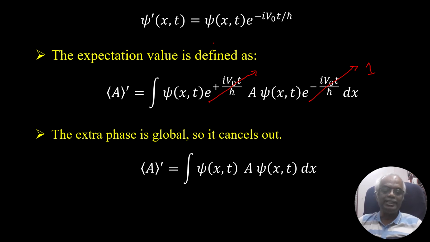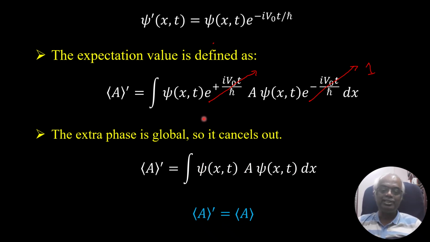So you can rewrite this integral as the expectation value of A' is equal to the integral of ψ*(x,t) A ψ(x,t) dx. What is this integral? After all, this is the expectation value of A.